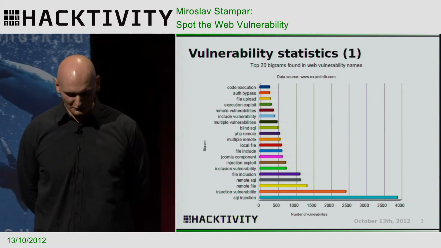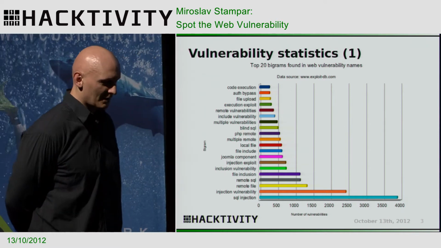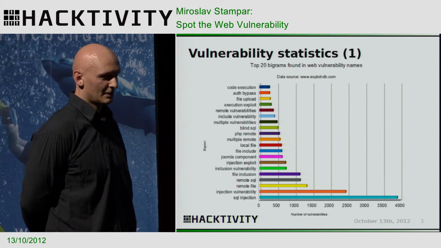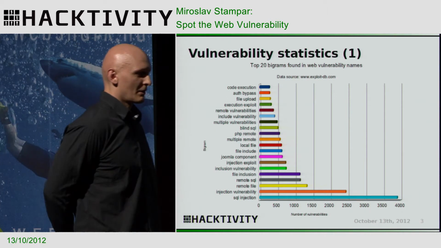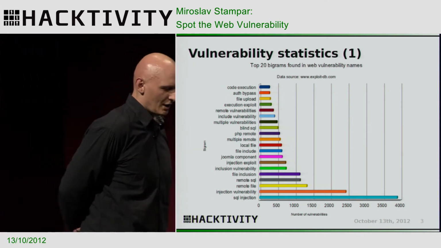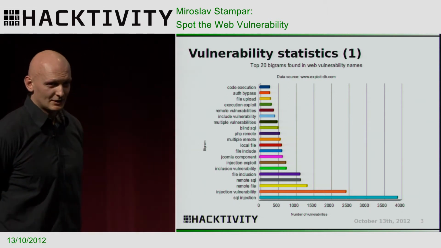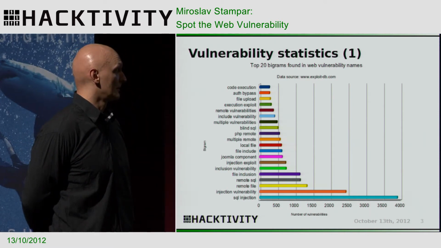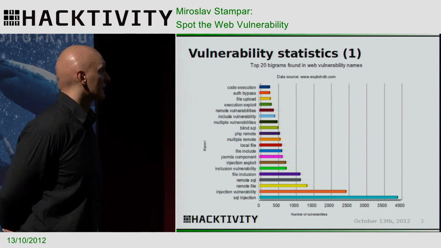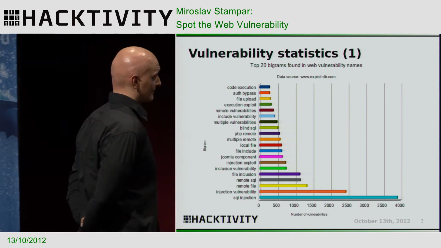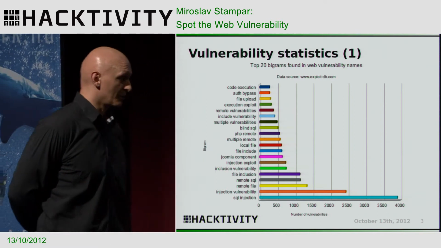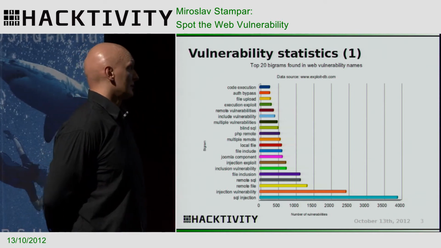At security conferences, you need to have some hard data. People don't like, myself especially, when people talk about some abstract stuff without any background. So I made some statistics for this conference. I've collected vulnerability names which could be found at the SQLi site.